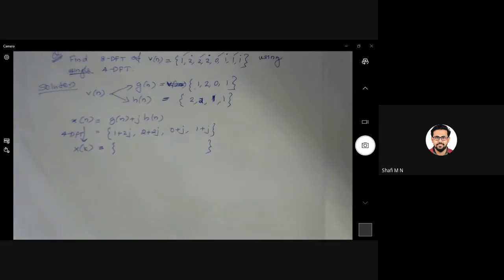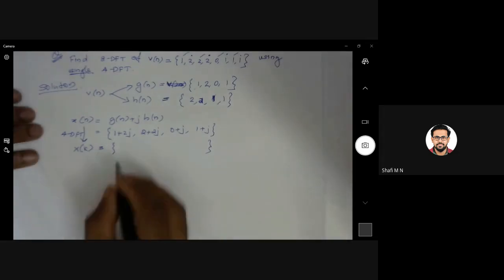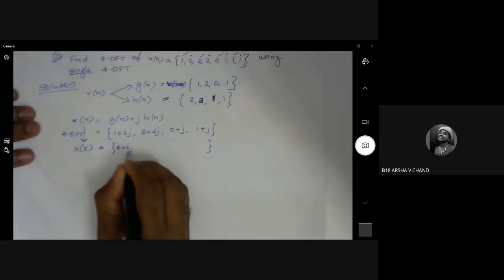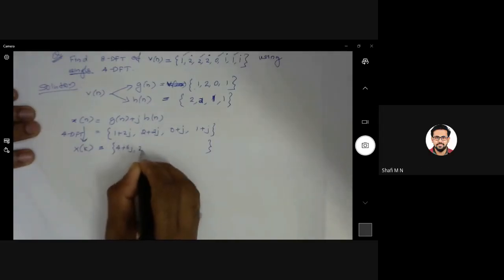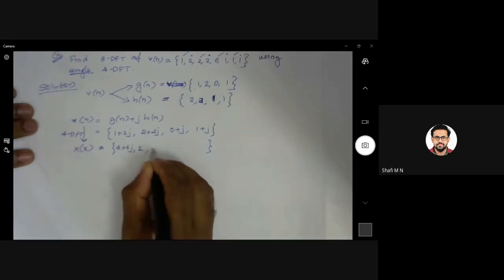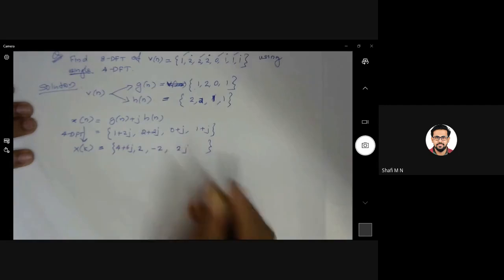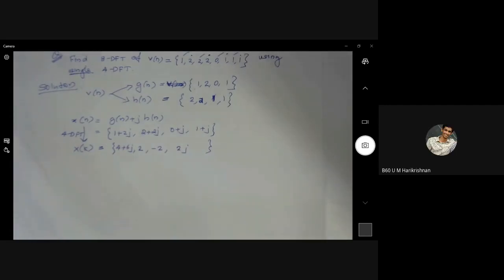If anyone has got the answer, tell me. I will just try. 0 plus j, 1 plus j. 4 plus 6j, correct for the first term? Yes, sir. Next is 2. 2. Then minus 2. Minus 2 and 2j. Yes, sir. Okay, thank you. So that is X of K.